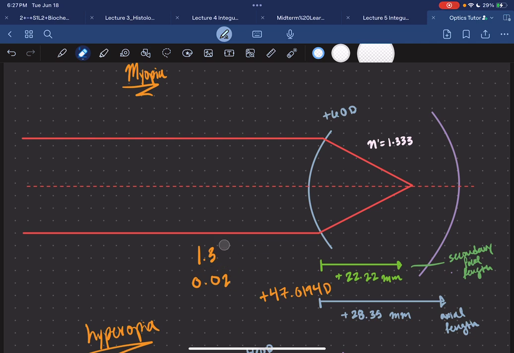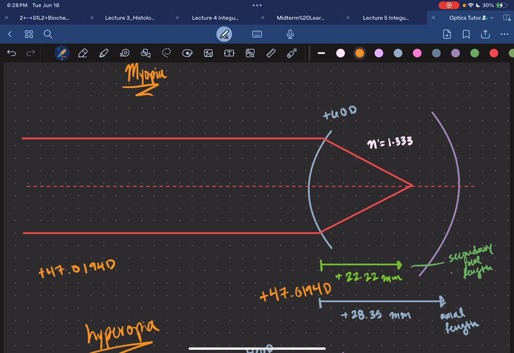So all I need to do here is subtract 60 from the power that the axial length requires. So a positive 47.0194 diopters minus a positive 60 diopters.